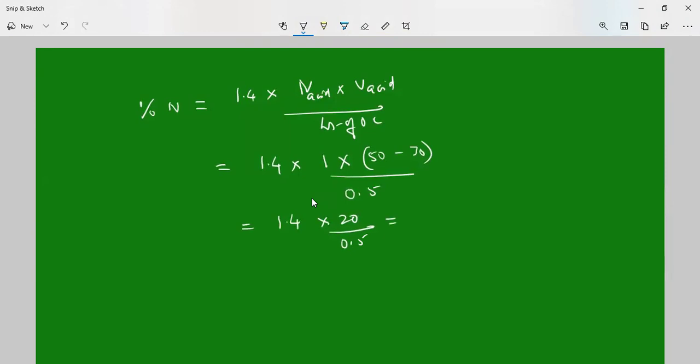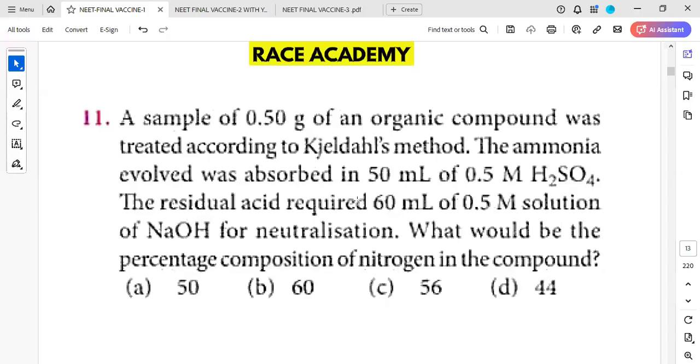So 20 by 0.5 is 40. So you can write 40 into 1.4, that is 56. So 56% is the answer for the percentage of nitrogen in the given organic compound from Kjeldahl's method. So 56 is the right answer for this question. They have asked from some basic concepts and principles.